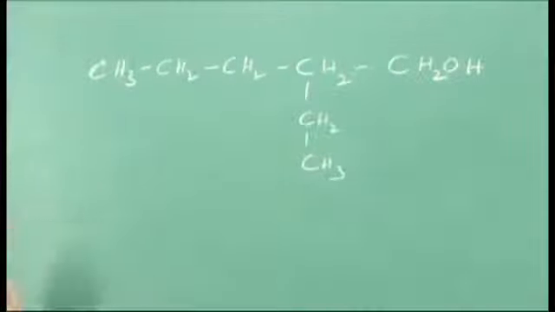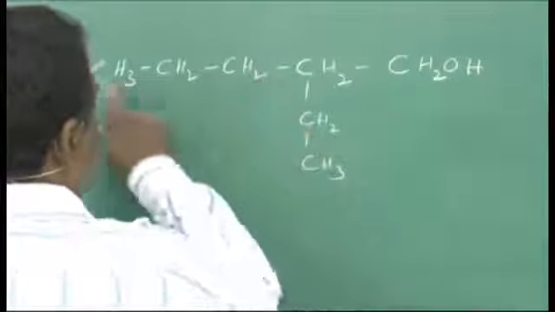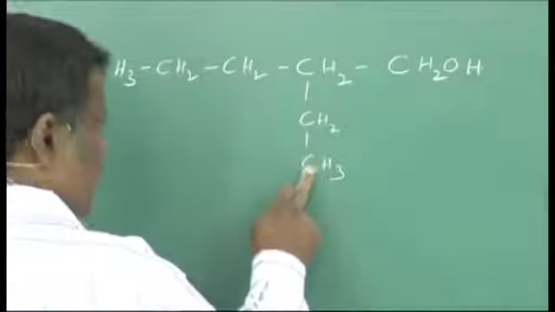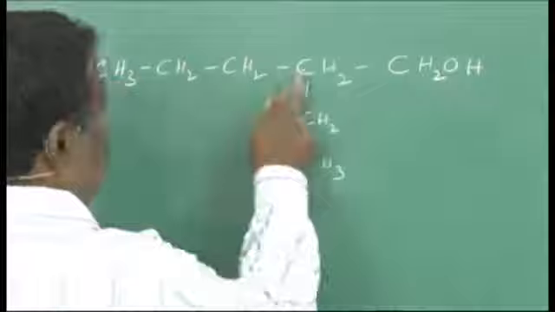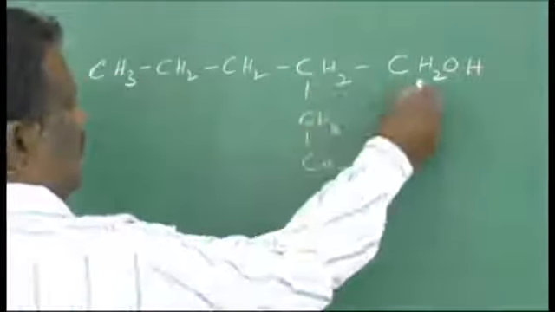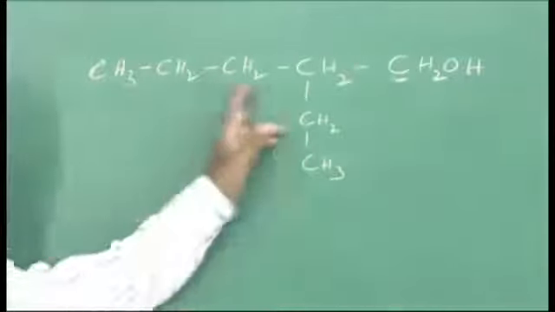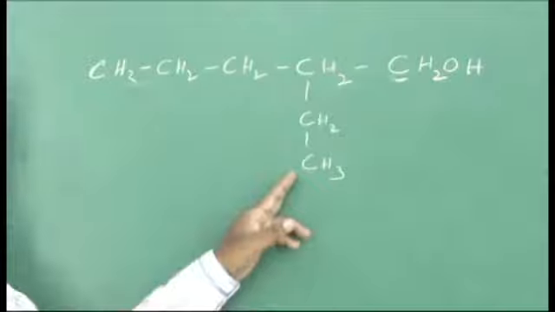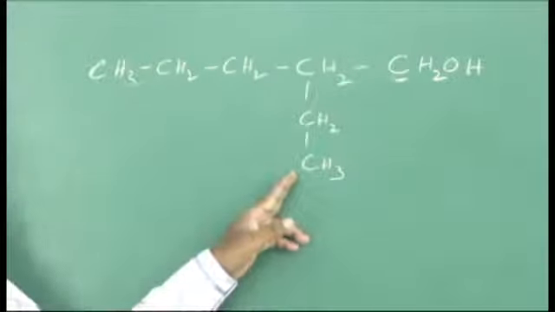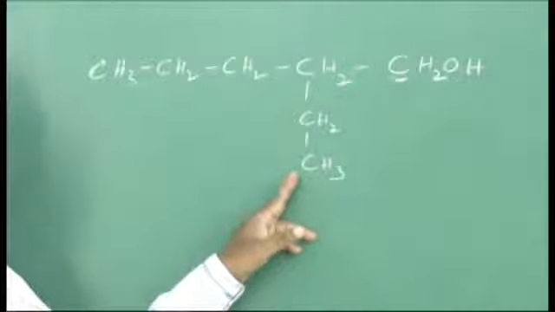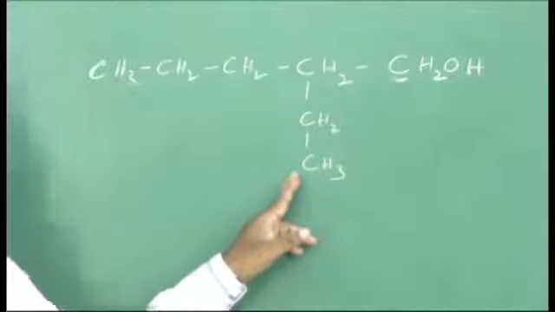Now in this compound we have a functional group. If I number like this, 1, 2, 3, 4, 5, I am going to get only 5 carbon atoms. But if I consider this as the main chain, I am going to get 6 carbon atoms. Previously we mentioned that while selecting a main chain, it should contain the maximum number of carbon atoms.